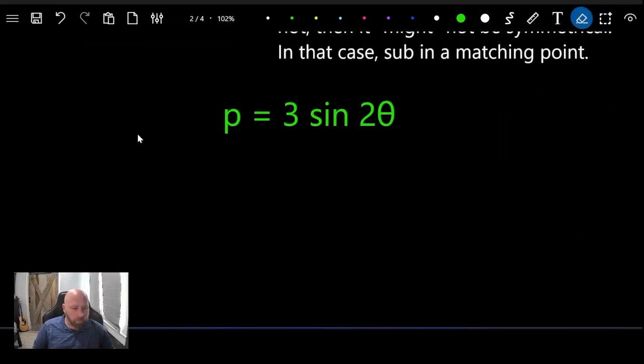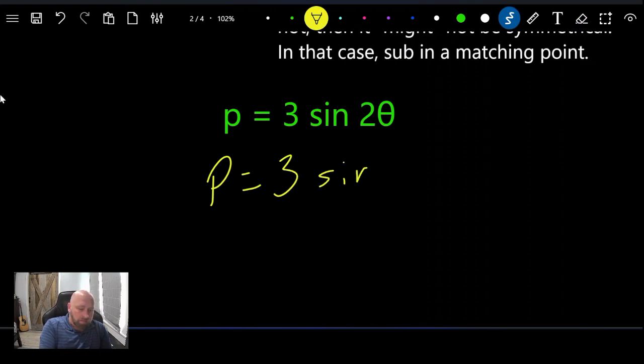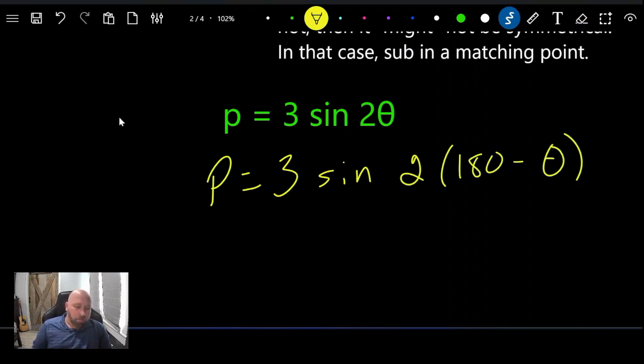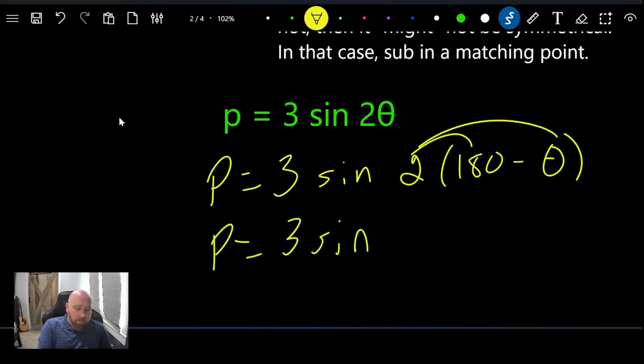All right, so going back over here, rho equals 3 sine 2 times 180 minus theta. And so now what we would do is sub into this, and we would get rho equals 3 sine 360 minus 2 theta.